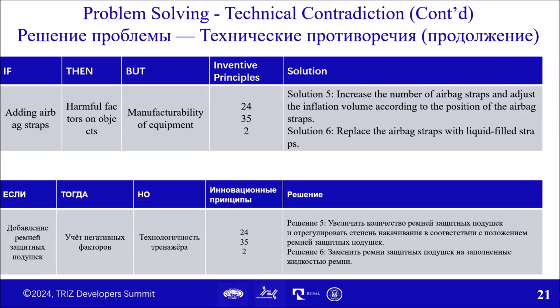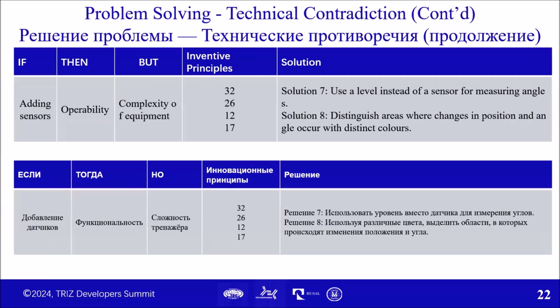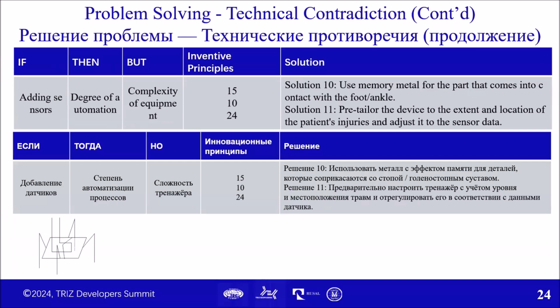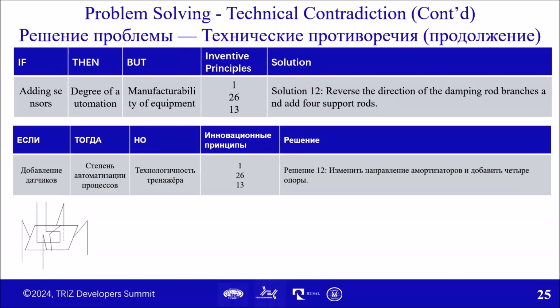Use a live angle instead of sensor for measuring angles. Combining multiple sensors with different rods. Reverse the direction of the damping rod branches and add 4 support rods.